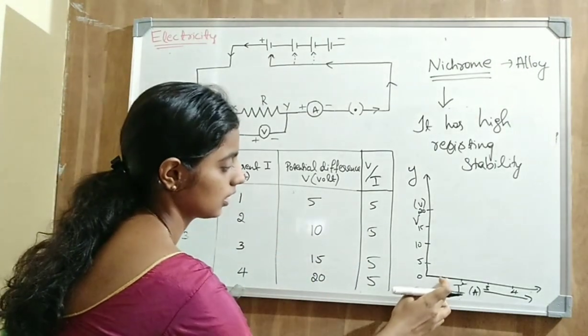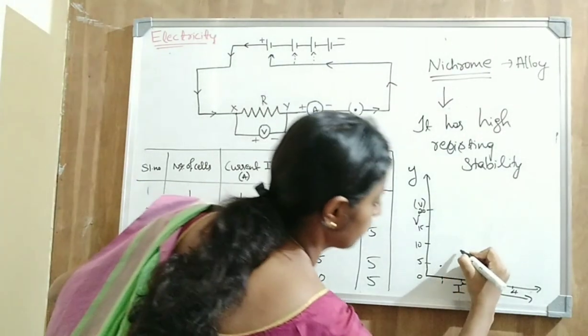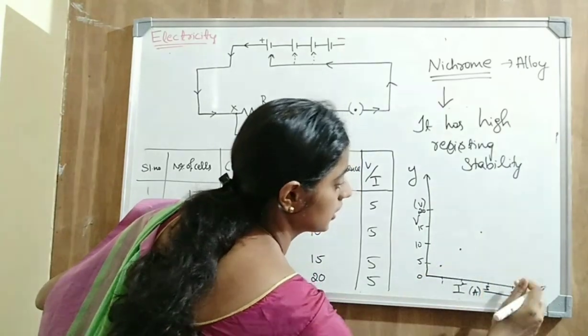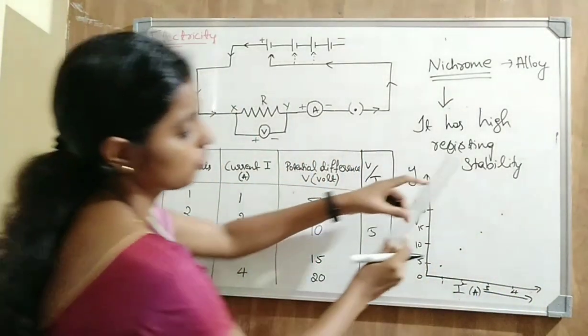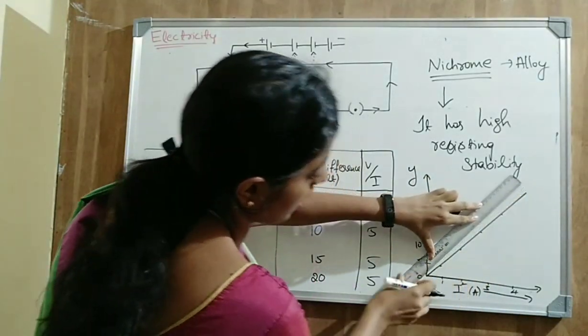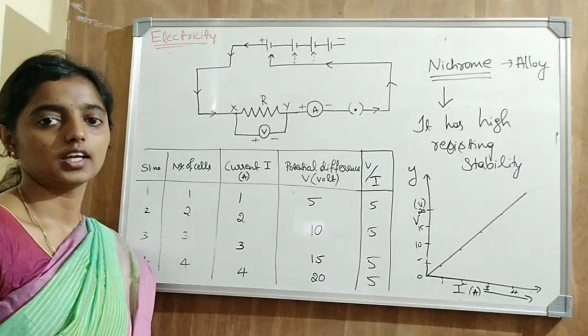Now plot the readings. For 1 current we got 5 volt. In the similar way we got for 2, 10, for 3 we got 15 and for 4 we got 20. So observe what we got. We got a straight line. We got a linear graph.